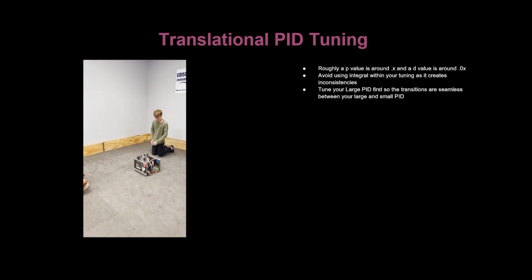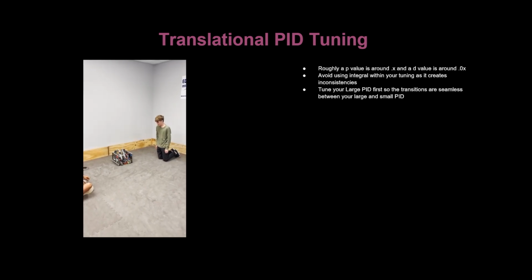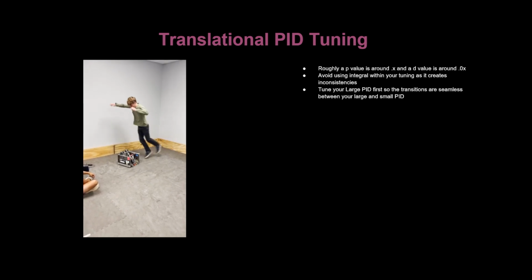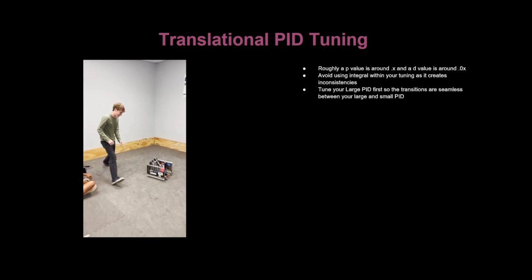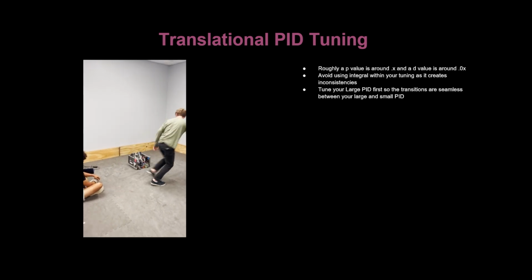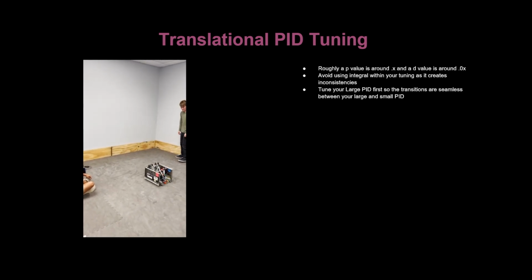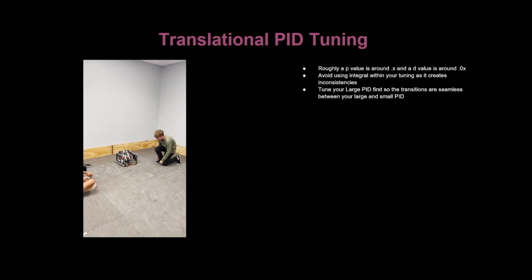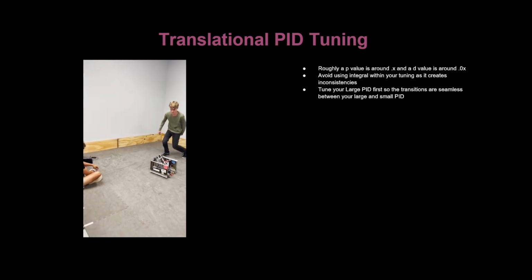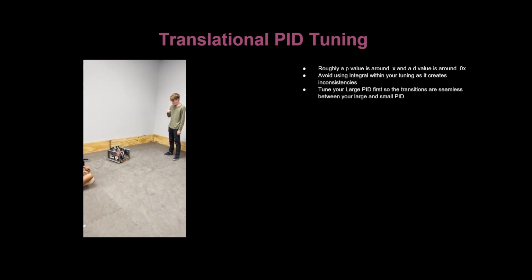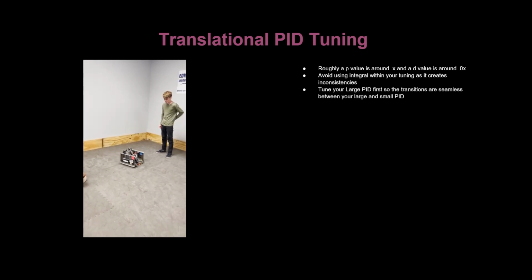I recommend doing large PID first, so whenever your robot corrects within the certain amount of error that you defined, it'll be a smooth transition, because having that smooth transition will just allow your robot to move a little bit more freely instead of jerking from one place to another.